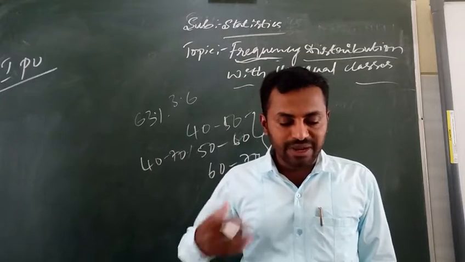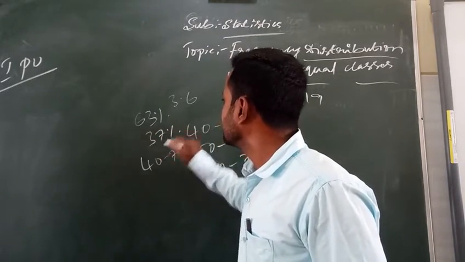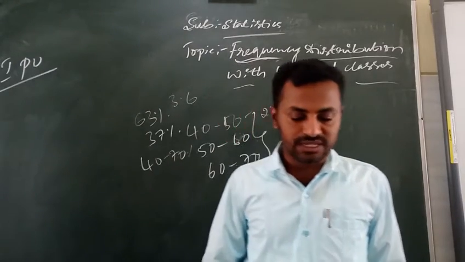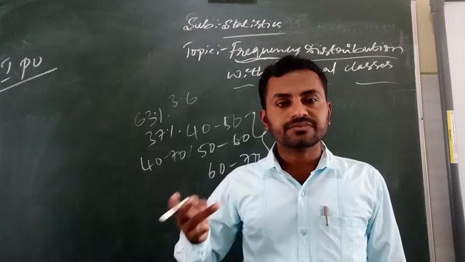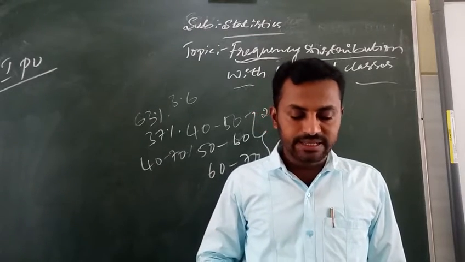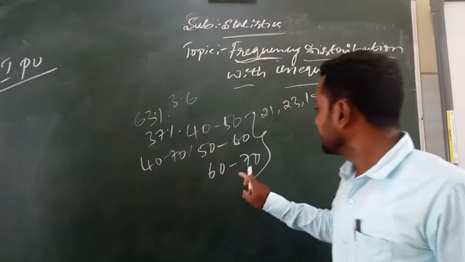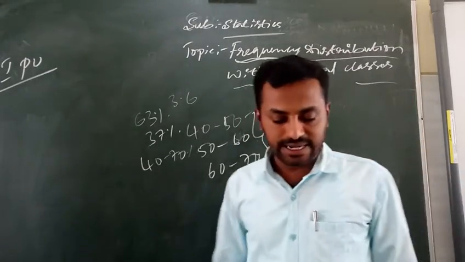The remaining 37% of the students belong to the classes 0 to 10, 10 to 20, 20 to 30, 30 to 40, then 70 to 80, 80 to 90, and 90 to 100.